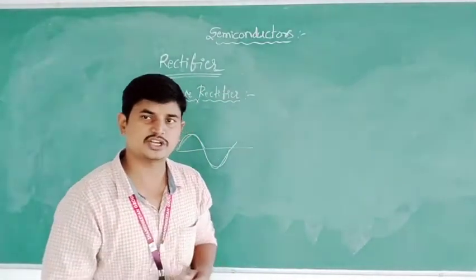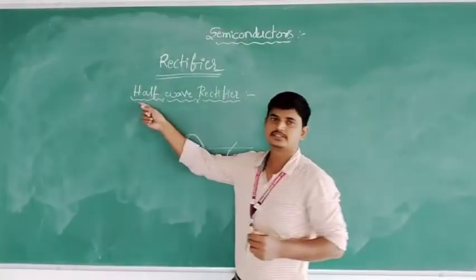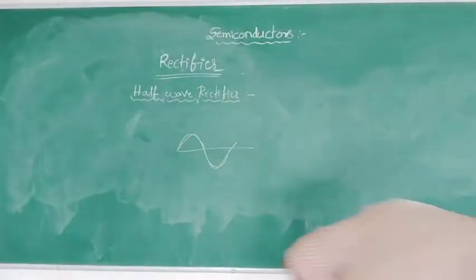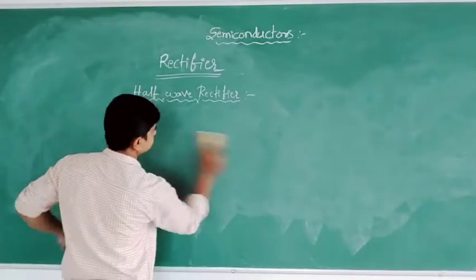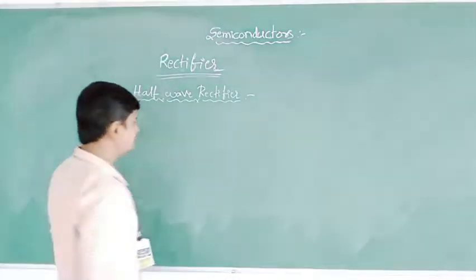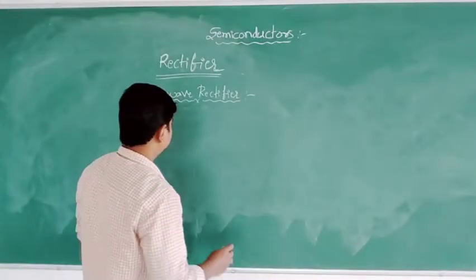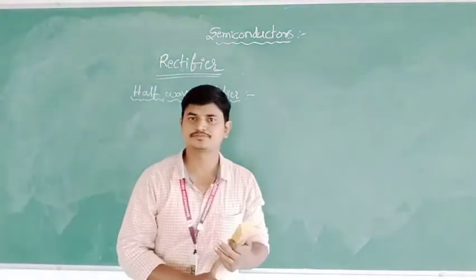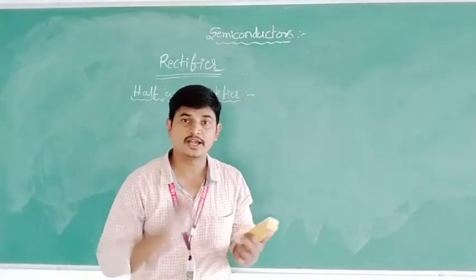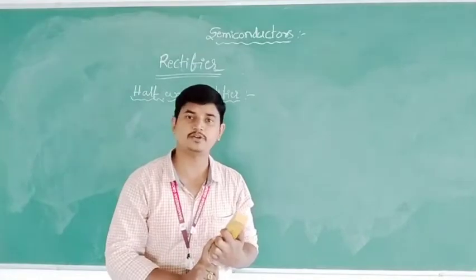First, we'll start with the half wave rectifier. The next concept is the half wave rectifier. In the half wave rectifier, the elements used are a semiconductor diode, a load resistance, and a step down transformer.